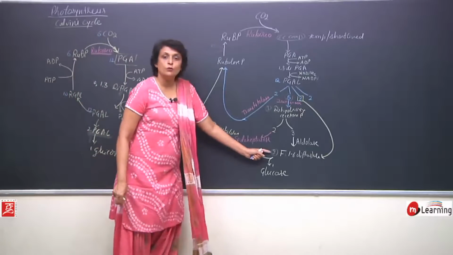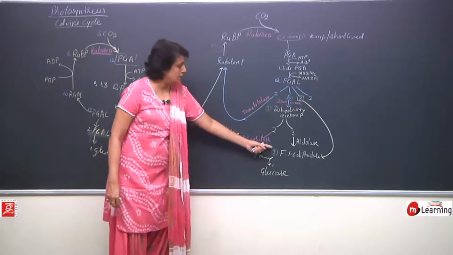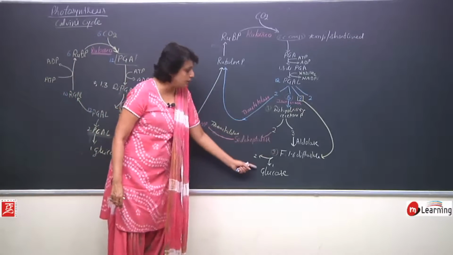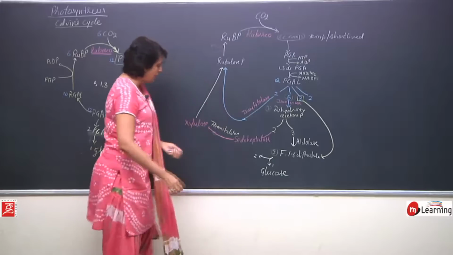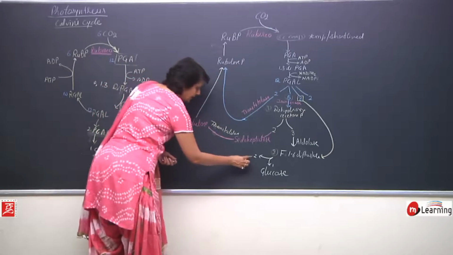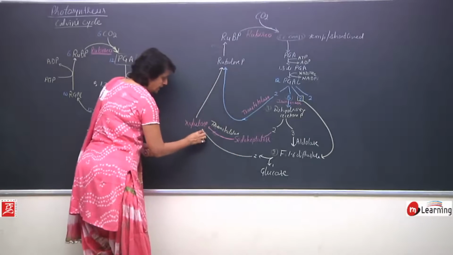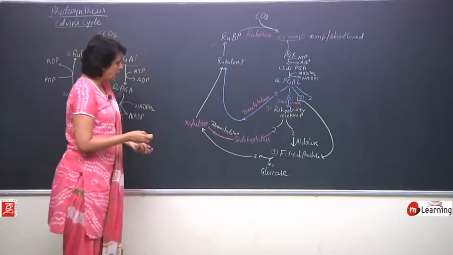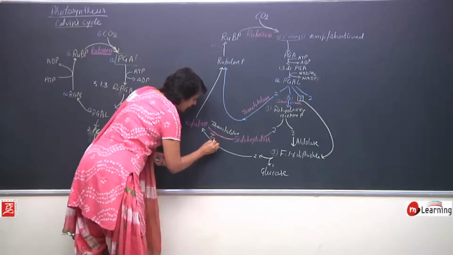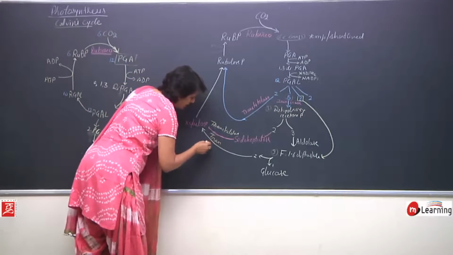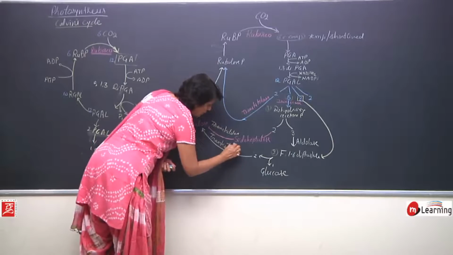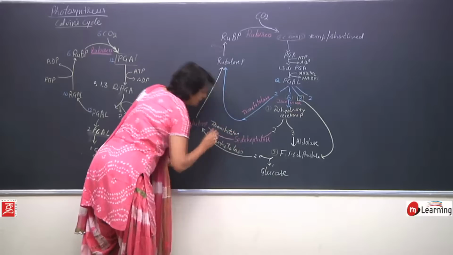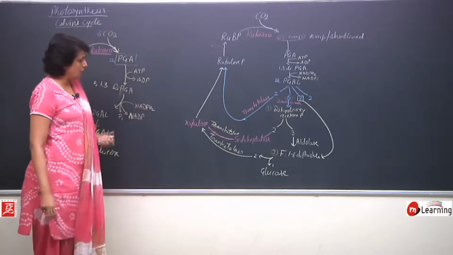So now out of these 3 fructose 1,6-bisphosphate molecules, 1 separates to form glucose. 2 are still left. They form xylulose, again by the enzyme which helps, transketolase.